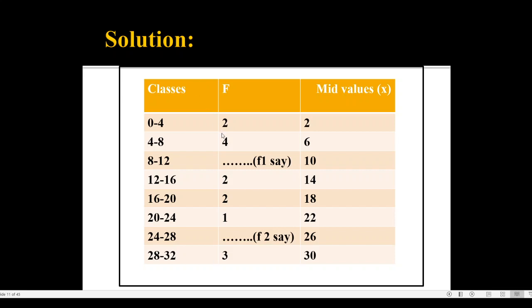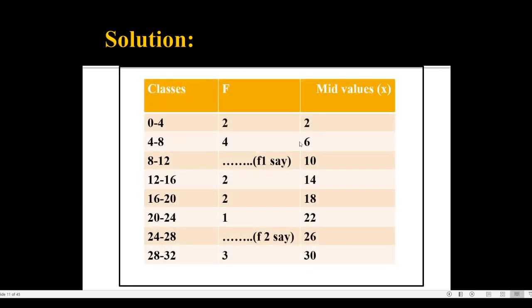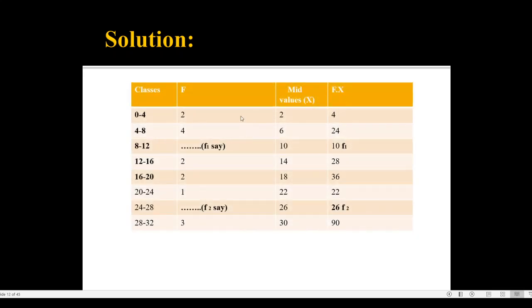Consider our first missing frequency as f1 and the second missing frequency as f2. Then we know our formula to find the arithmetic mean is f1 x1 up to fn xn upon the sum of frequencies. Therefore, first we find f into x. See here, f is 2, x is 2, 2 into 2 is 4, 4 into 6 is 24, 10 into f1 is 10 f1, 14 into 2 is 28, and so on. f2 into 26 is 26 f2, and the last value is 3 into 30, which is 90.